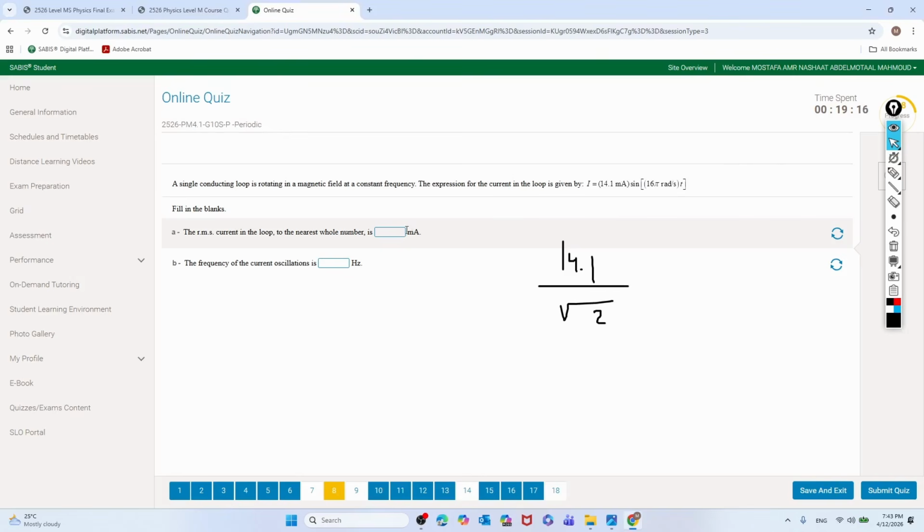So basically the nearest whole number, 10 ampere. And it's 16 pi, you divide it by 2 pi, you get 8. You just divide the thing by 2 pi, sine graph, so 8.